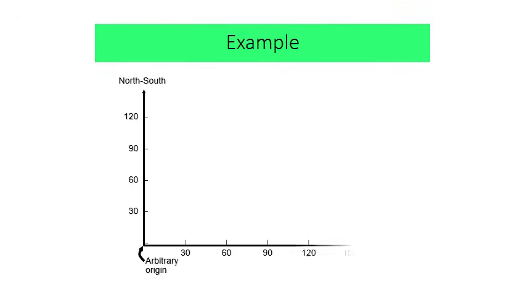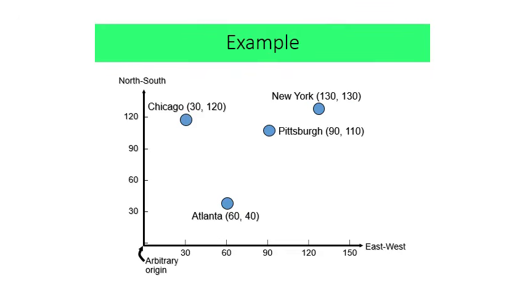Let us see with an example. If we have four locations, we represent those locations on the XY axis, and we provide an arbitrary origin. This is the origin, the XY axis origin. So we provide X and Y components for each of the four locations.